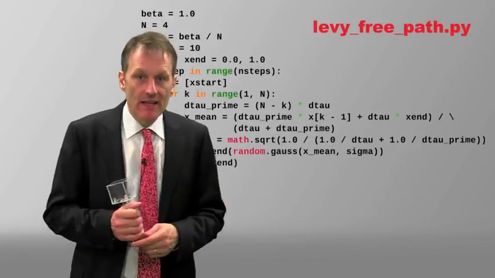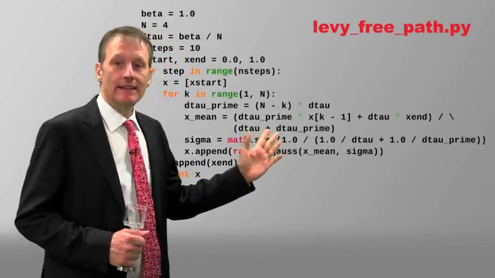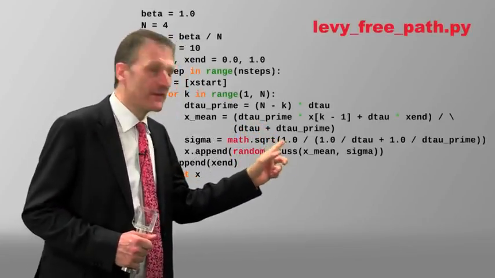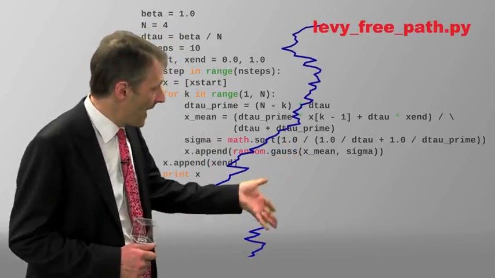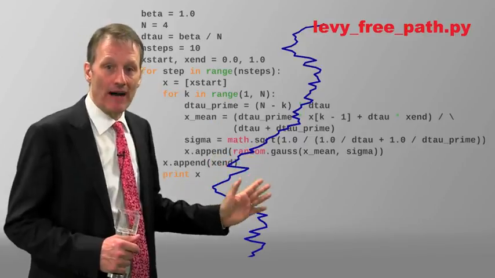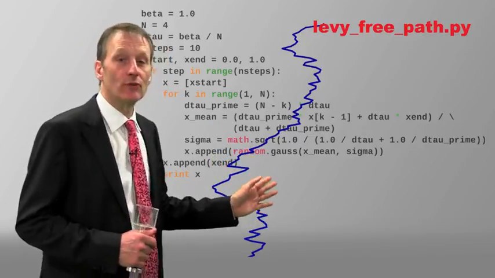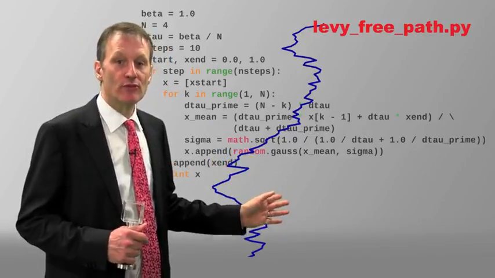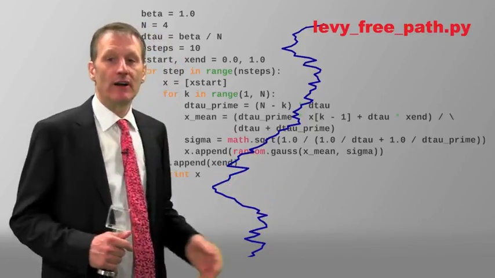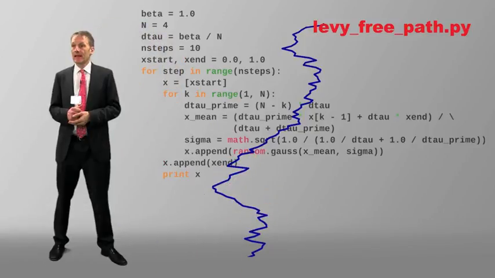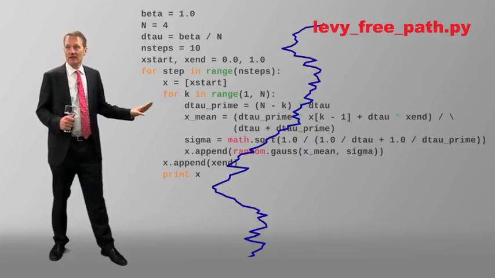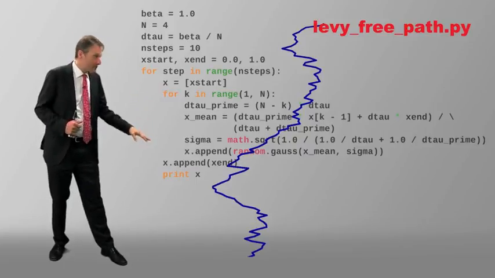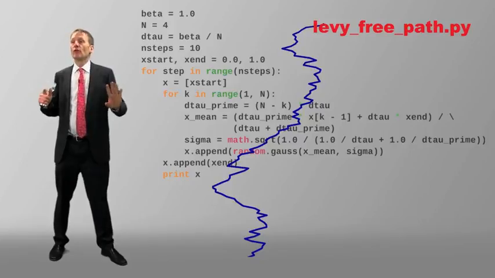In Python, this gives the following little algorithm, Lévy_free_path.py. And look here at the configuration of a path with n equal to 50,000 produced by Lévy_free_path.py. It has no correlation with previous paths, and its construction has caused no rejection.